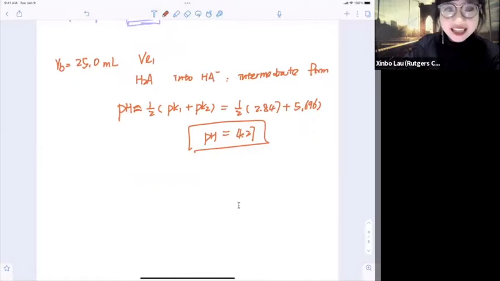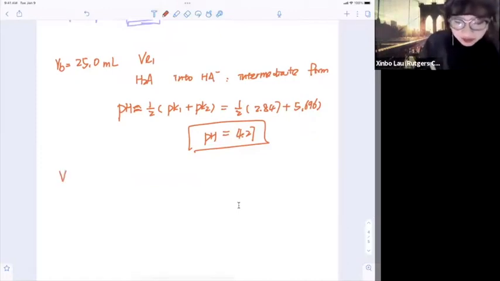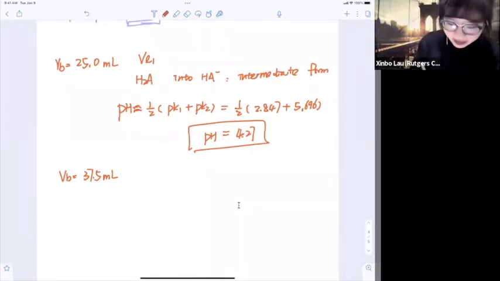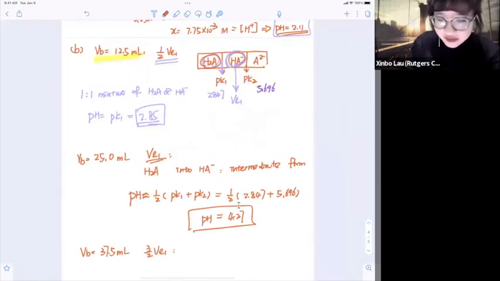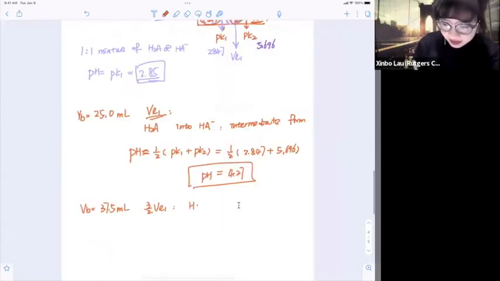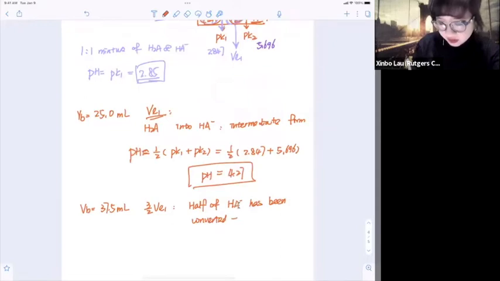What's next? Next, the question is asking when VB equals 37.5 mL. You go, where are we? We're at 3/2 of VE1. At this point, let's look at our map: half of this HA minus has been converted to A2 minus.